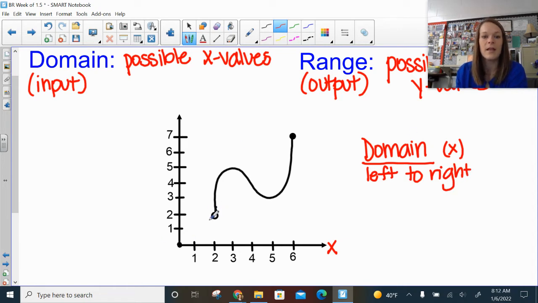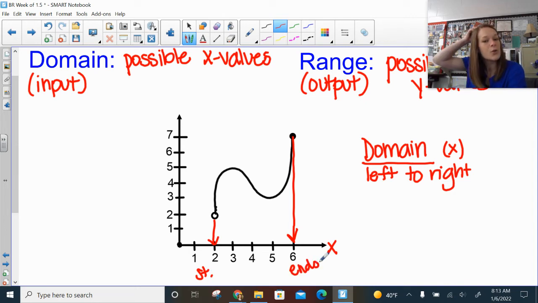So here on the left, I have a little circle. This is where my graph starts. This is at 2. Then it curves, curves, curves, and then it ends right here, but you got to go down to your x. So if you notice, that's where it starts, and this is where it ends.